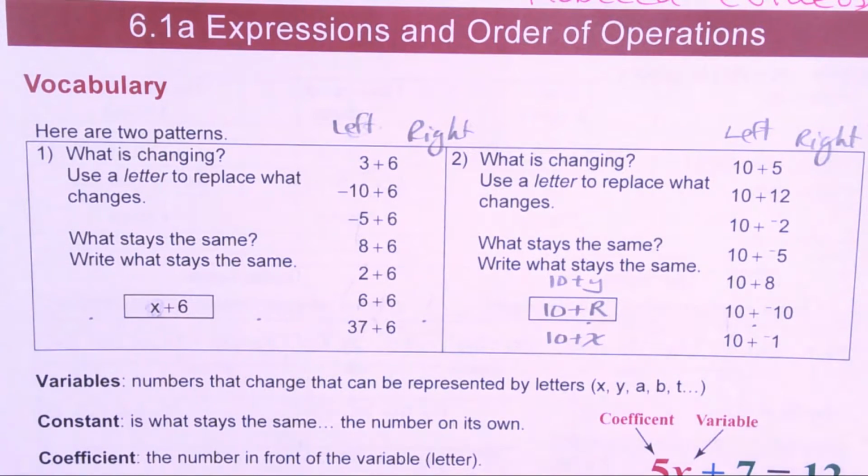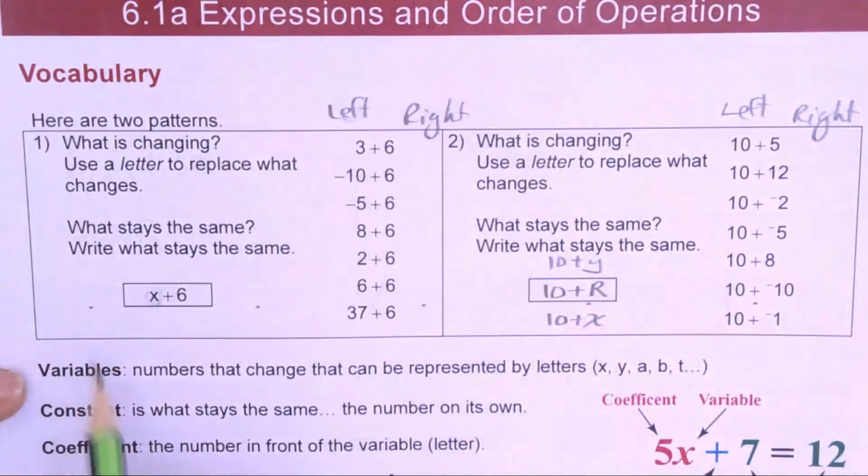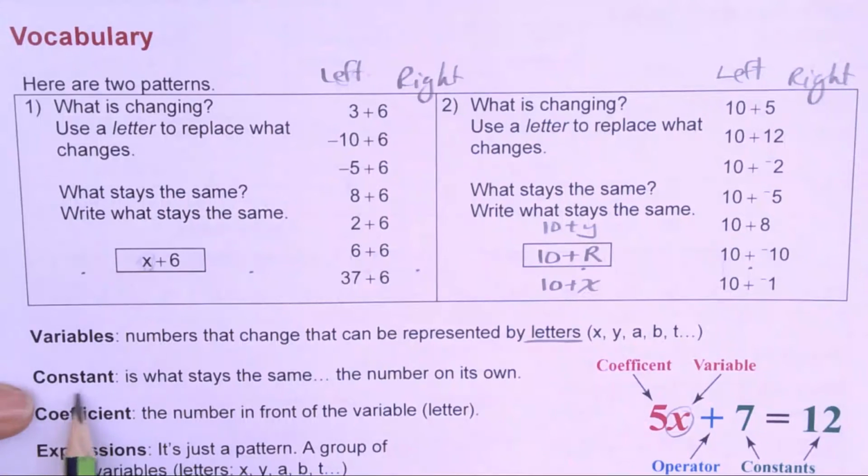Okay, so here we have to do some vocabulary. Variables are just letters. So in math class, when we have letters, we call them variables. So here my X is the variable. The constant just means staying the same. So here's two terms here.